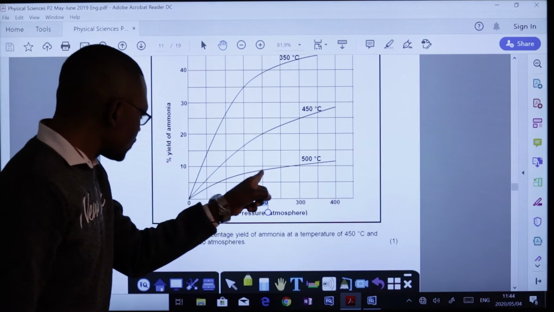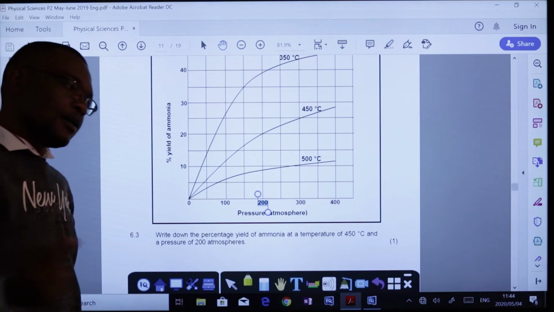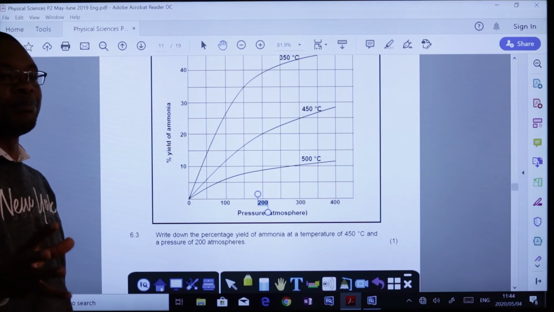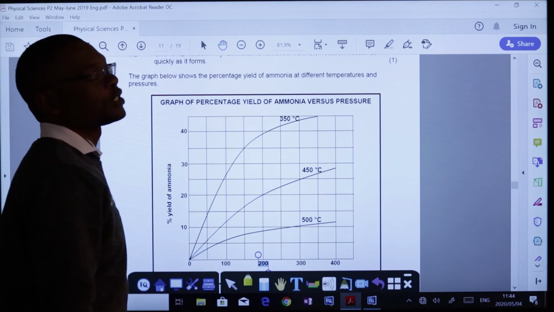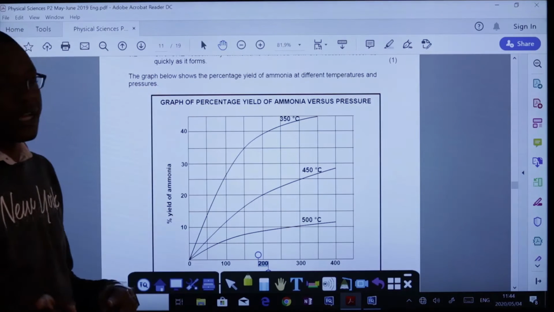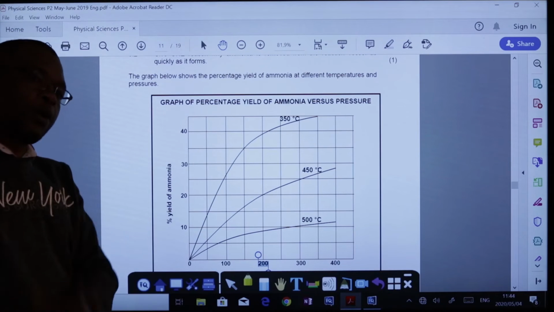So if you increase the temperature, the reaction favors the reverse reaction, where the products break down to form reactants. But at a lower temperature of 350, the reaction favors the forward reaction, where the reactants combine to form the product.